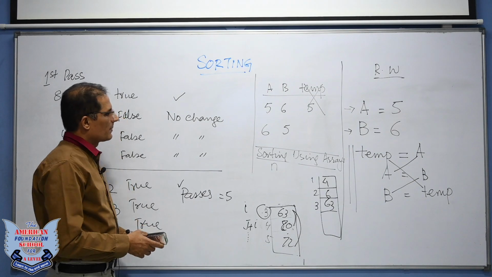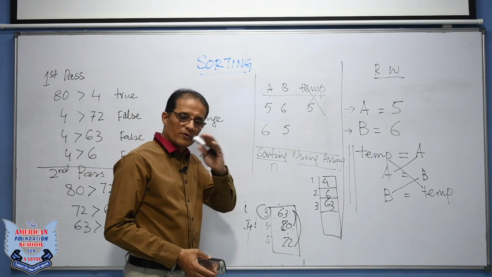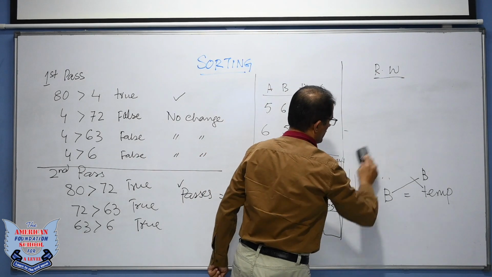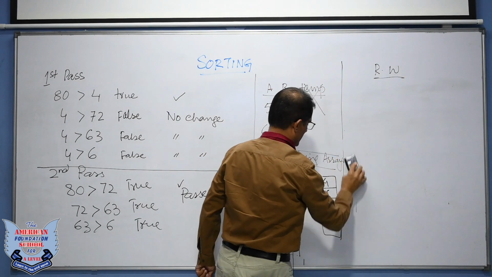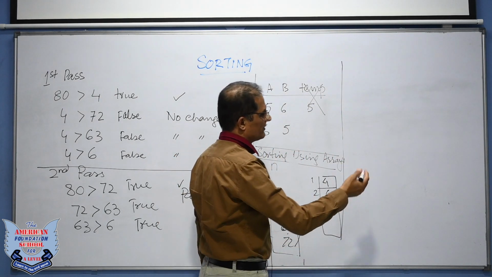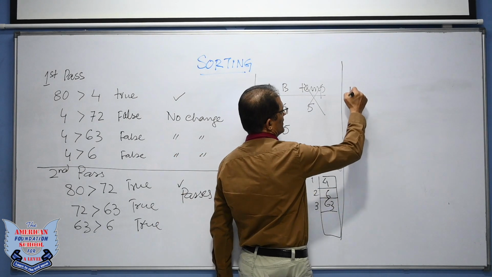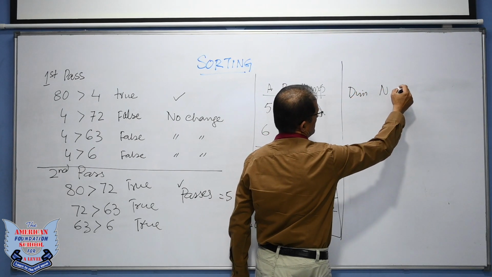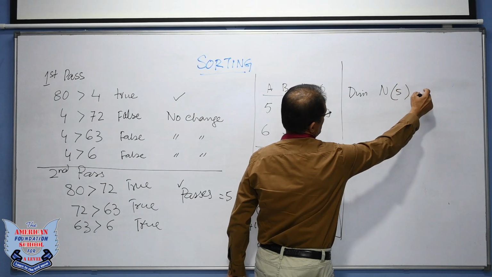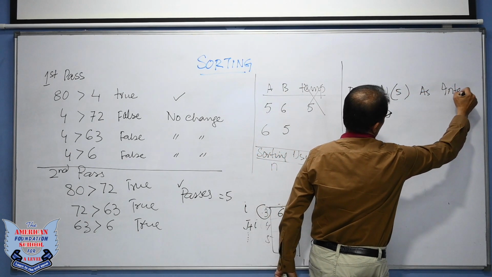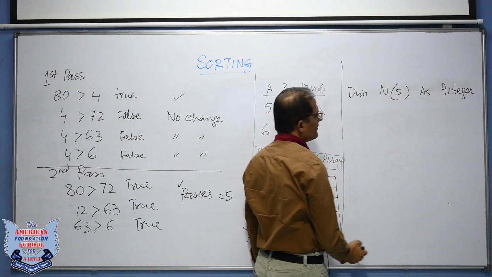I've made it there, but I'll tell you from the beginning. I will remind all my students how to create an array and how to fill that array, so I'll just do that quickly. Dim, supposing that the array is n, and there are 5 elements, and I want that array to be created for integer numbers.